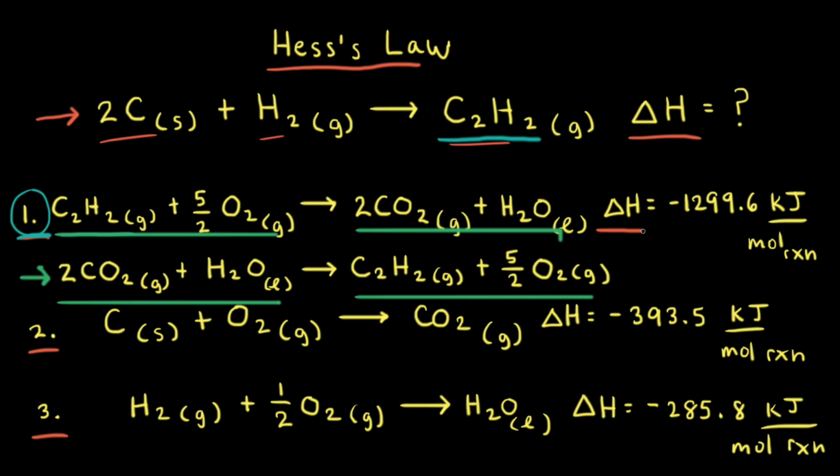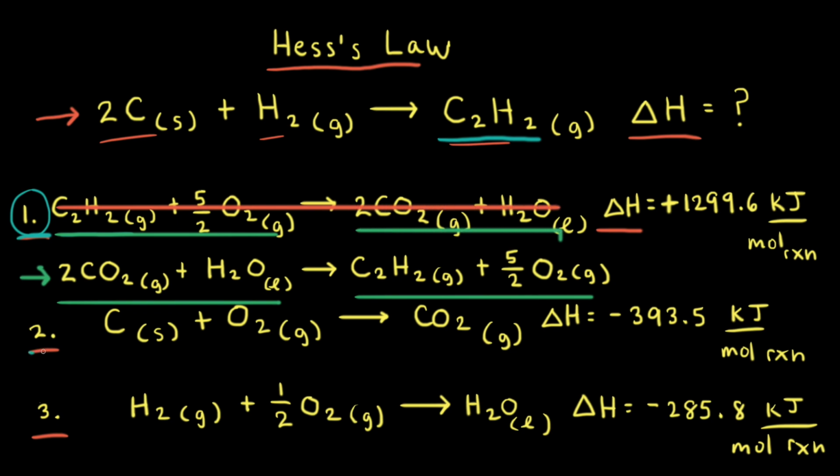Kilojoules per mole of reaction just means how the reaction is written in the balanced equation. And since we've reversed equation 1, we also need to reverse the sign for delta H. So instead of this being a negative, we're going to go ahead and change this into a positive. And also, let's go ahead and cross out the first equation so we don't get confused.